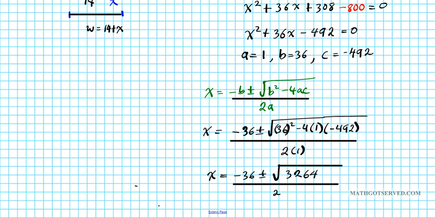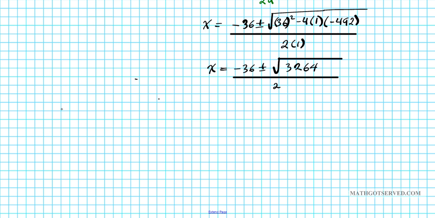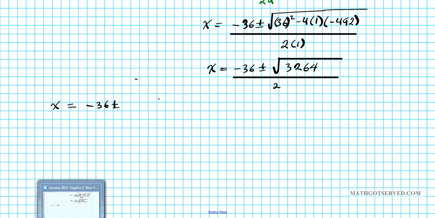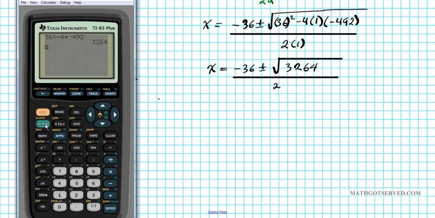Okay, now since we're going to be rounding our answers out, let's split it apart first. So we have negative 36 plus or minus. Let's find the decimal approximation of that. Take the square root of the answer we just got.